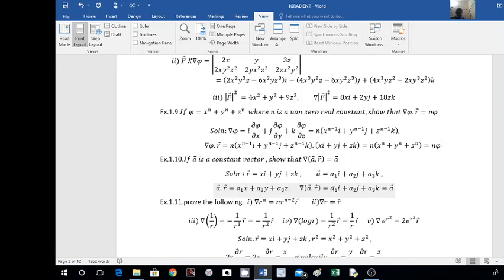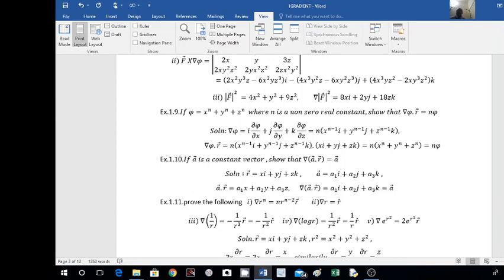So that is a1 i plus j into dou phi by dou y, which is a2, plus k into dou phi by dou z, which is a3. So we are getting a1 i plus a2 j plus a3 k, which is nothing but the vector a.